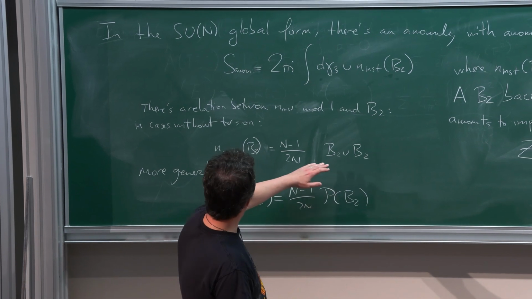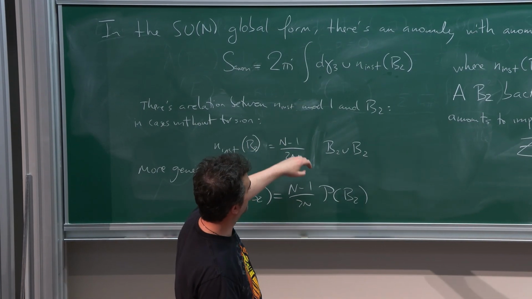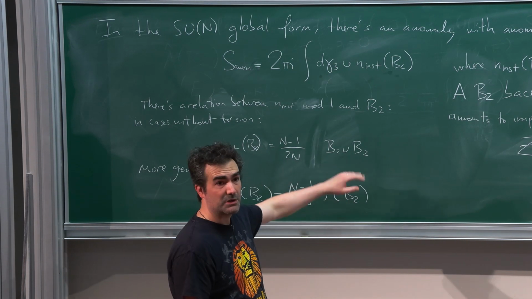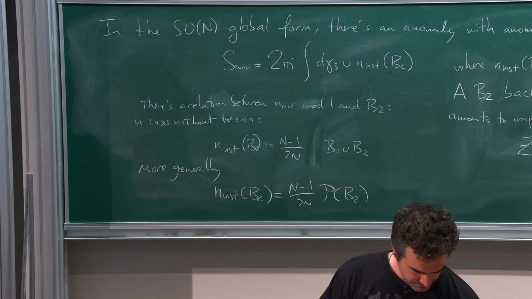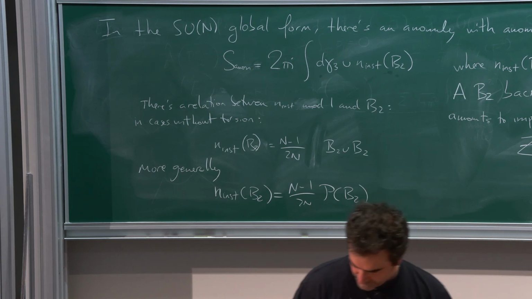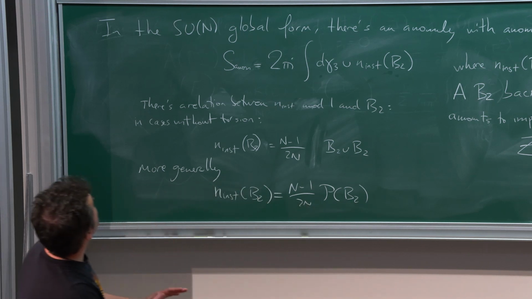I'm going to restrict myself to cases in which I don't have torsion in my 7-dimensional or 8-dimensional manifold, in which case I can think of the Pontryagin square as an actual square. Okay, so those are the things I want to understand from the string theory construction.